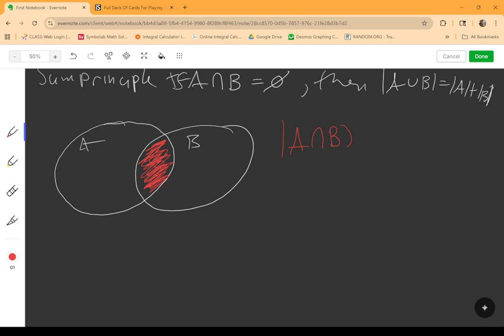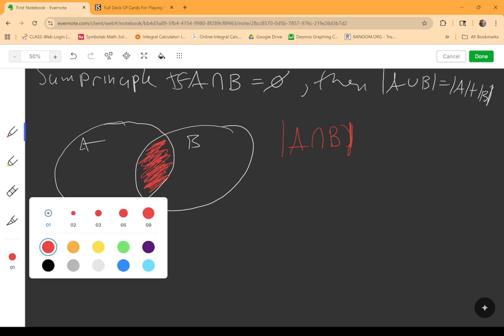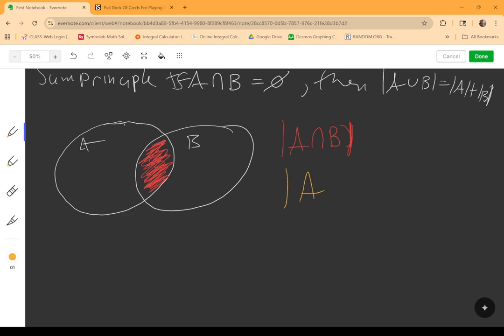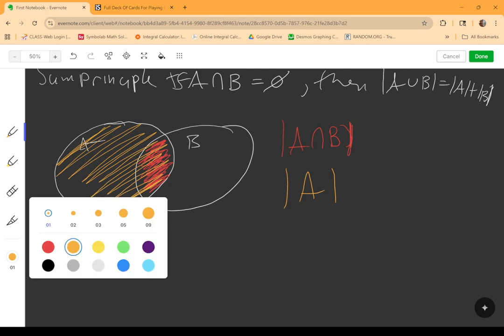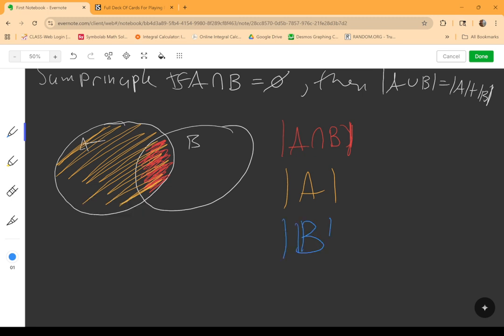And the cardinality of just A, that would be all of this right here. And then the cardinality of just B would be all this right here. However many elements that is right there.